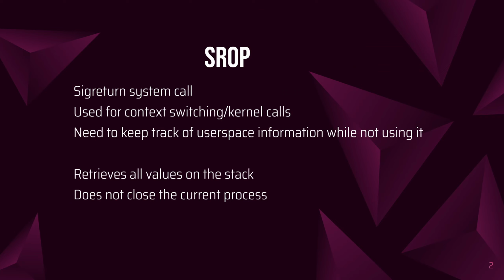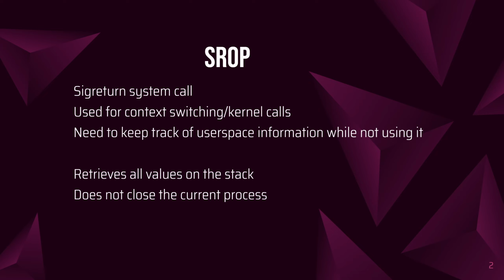So SROP, as the title suggests, is like ROP, but it's based on the sigreturn syscall. This is used mostly for context switching between threads or information running on the CPU and jumping between kernel activity, I'm pretty sure.